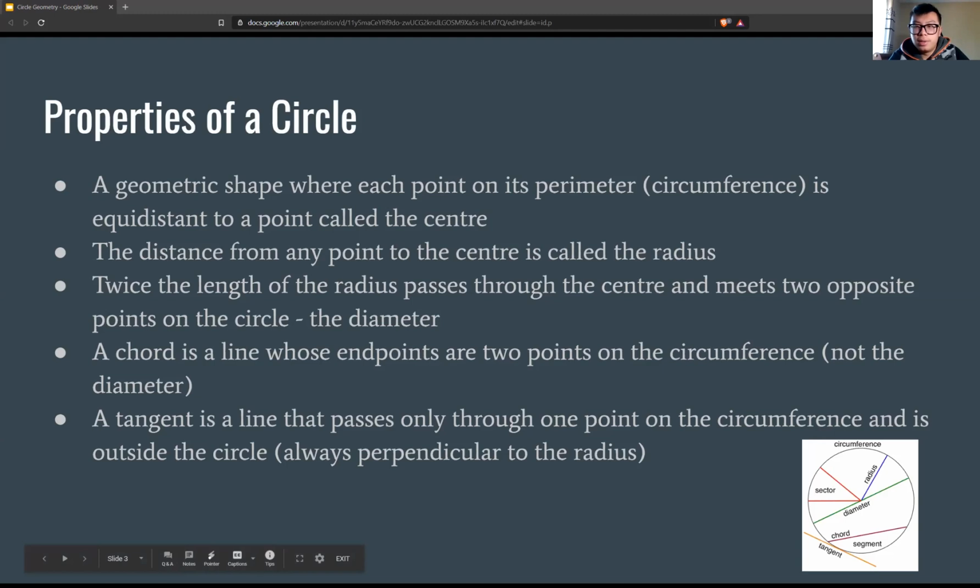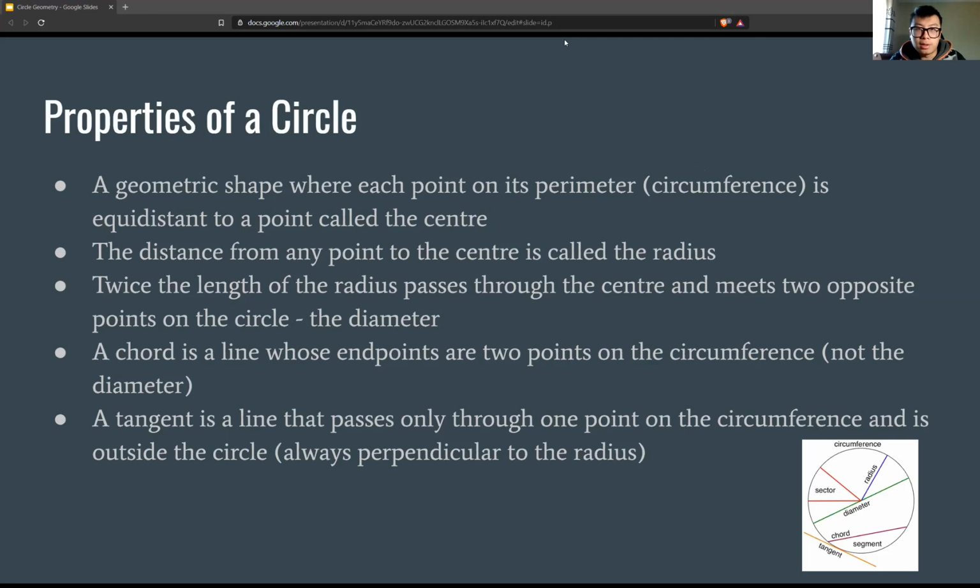A chord is just a line inside the circle that's not the diameter, but still passes through two points on the circumference. On the other hand, we have a tangent. A tangent is different from a chord and diameter. It only passes through one point on the circumference, but it lies outside of the circle, not inside. And a cool property about the tangent is that it is always perpendicular to the radius.